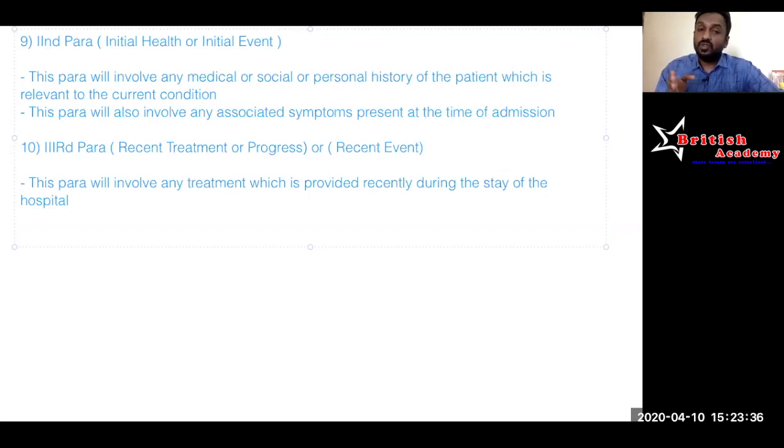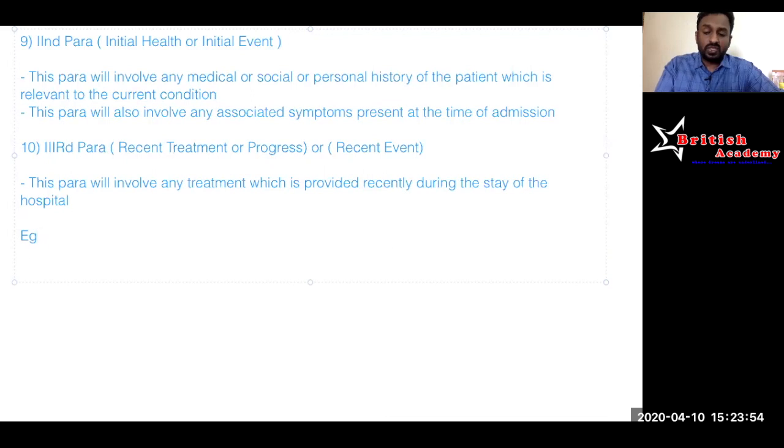You will write all that in the third paragraph. But if you're writing a referral letter with multiple events, the most recent event, maybe the last visit or today's visit to your clinic, you will write in the third paragraph.